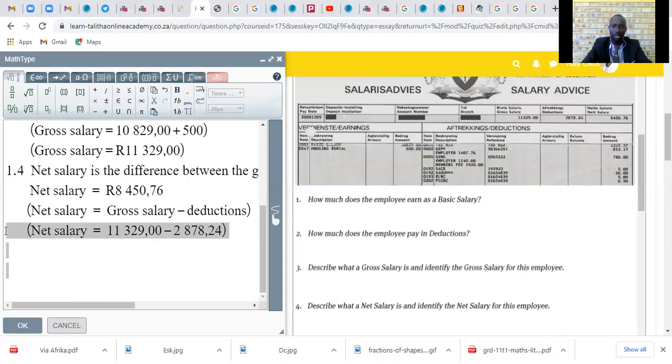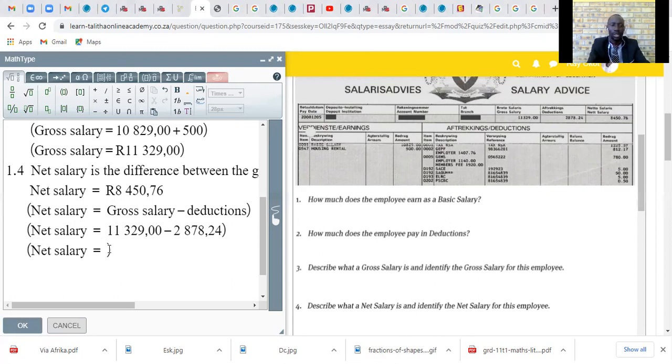The calculated value will be sorted out when we get the difference, and that means we have to use our calculator. So we will be having 11,329.00 minus 2,878.24. And when we do that, what we get is the net salary.